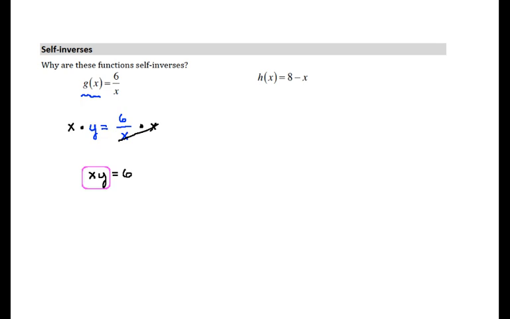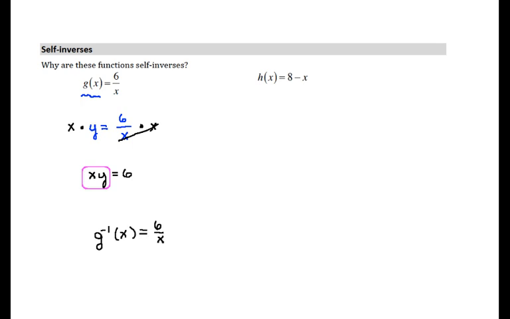Because multiplication is commutative, when I swap x and y, I don't change it, and therefore swapping x and y and then solving for y is going to give me the exact same function that I started with. Therefore, it's also true, in addition to the fact that g of x is equal to 6 over x, in fact g inverse of x is also equal to 6 over x.